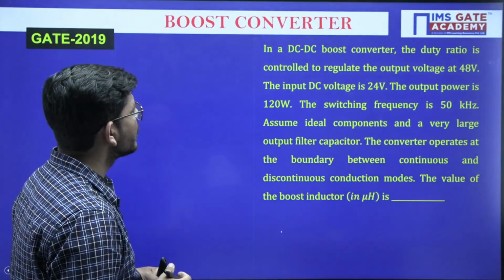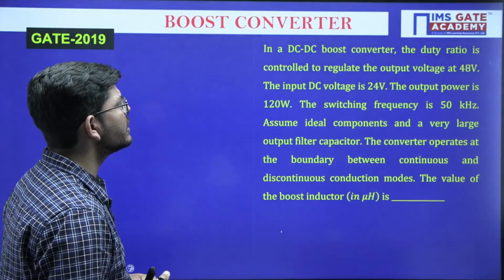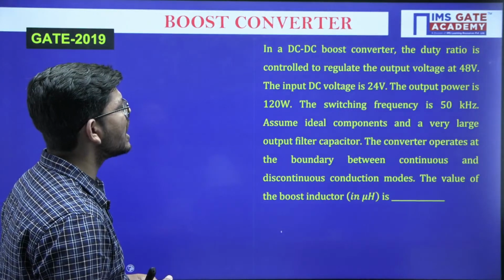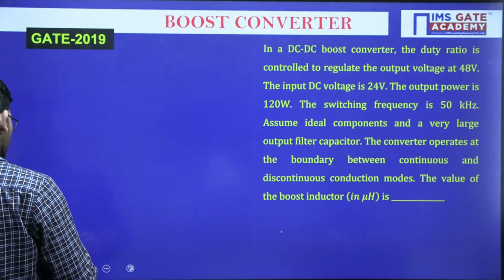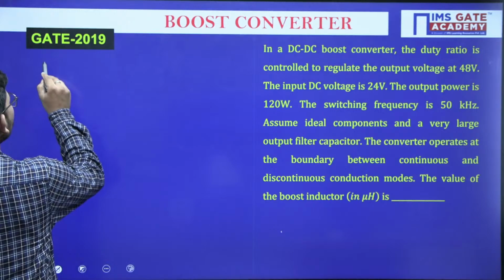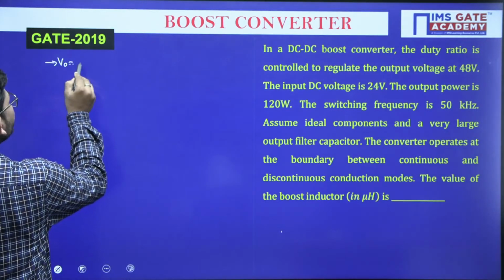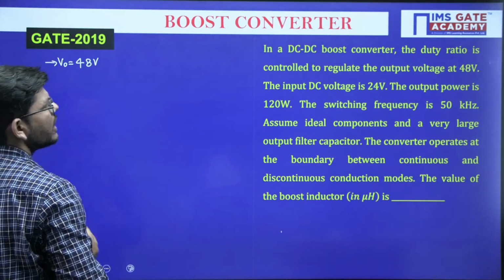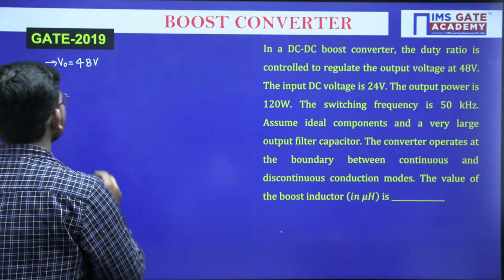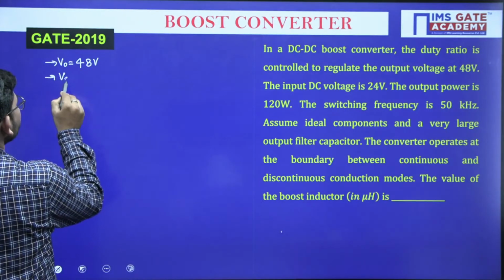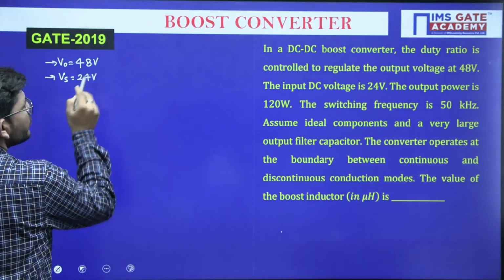Let's have a look. In a DC to DC boost converter, the duty ratio is controlled to regulate the output voltage at 48 volts. So we have the output voltage, 48 volt. And the input DC voltage, Vs, equals 24 volt.